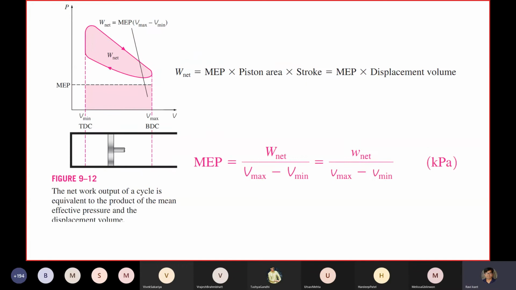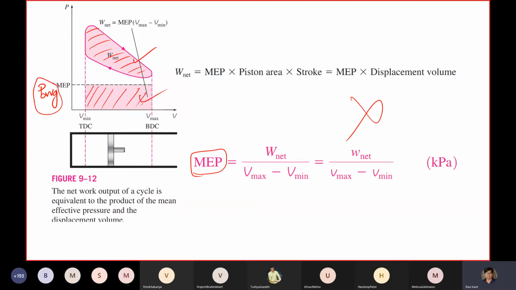This I will not cover, MEP and so on. We don't have much time, so we will not cover it. But just to give you an idea of what MEP is, mechanical effective pressure: whatever your work output would be, hypothetically we think of some P average, and then we try to match this area with this area.